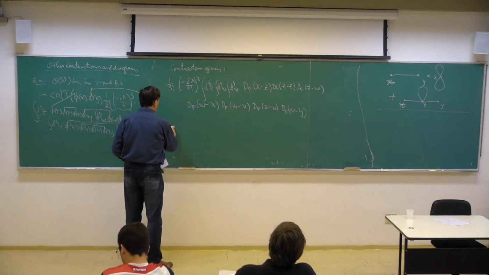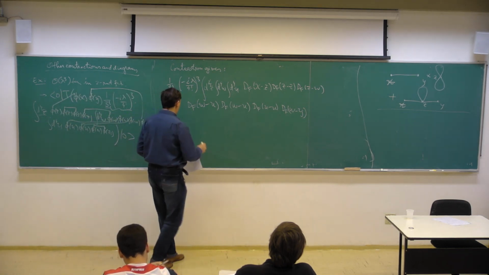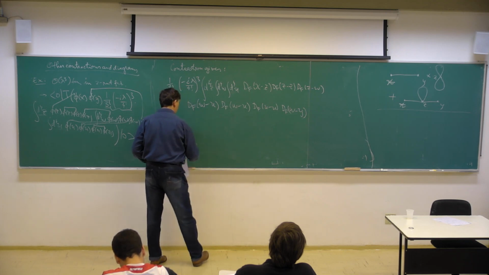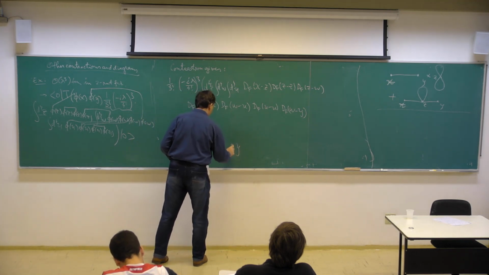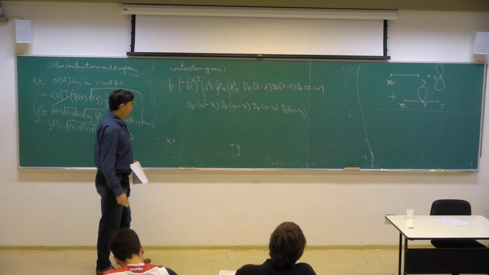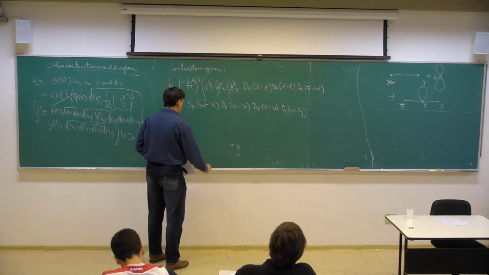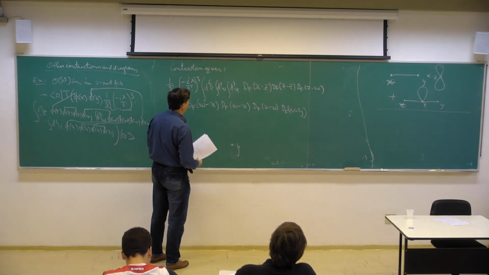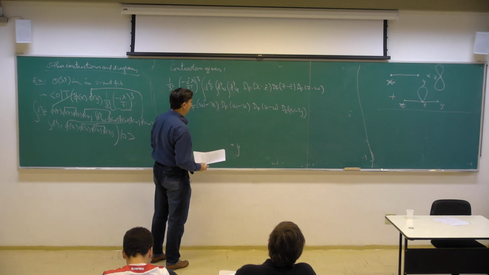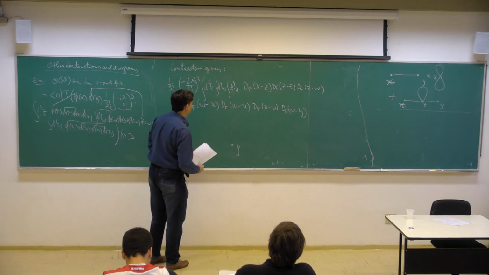And now, to write the corresponding Feynman diagram, we know that there are two external points, and then we know there are three internal points, Z, W, and U. Okay?